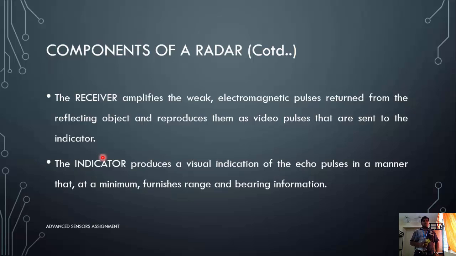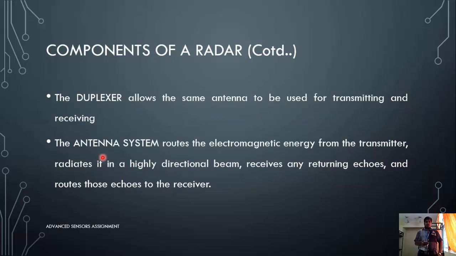The receiver amplifies the weak electromagnetic pulses returned from the reflected object. The antenna system takes the signals and sends them to the receiver.